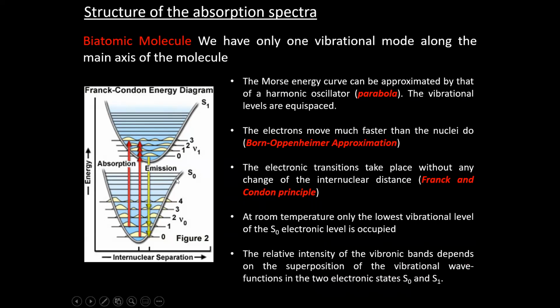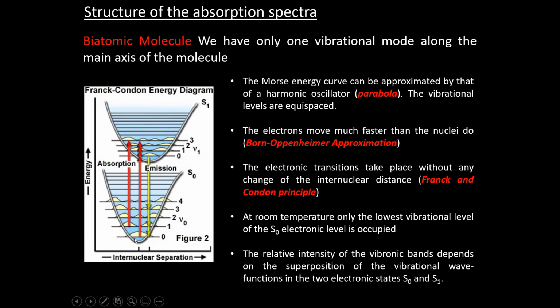So the ground state will be characterized by a Morse curve, and there will be a dependency on the internuclear separation. Clearly, this is an effective internuclear separation. It's something that we use as a model. And the first excited state is characterized by a second Morse curve.